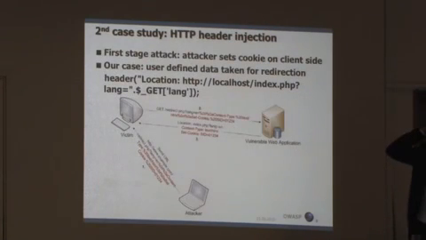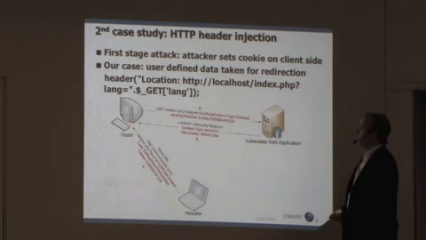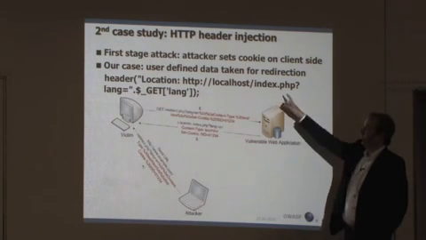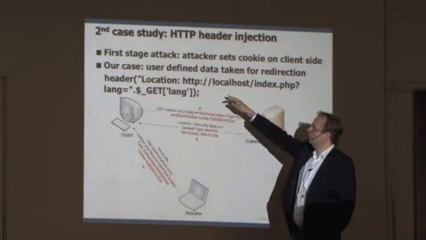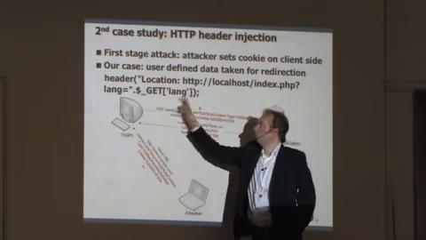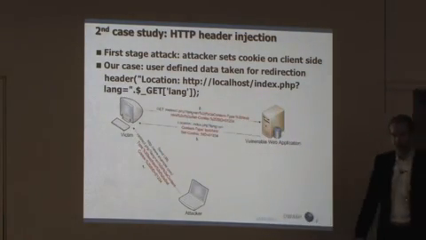So the second case study was, how easy is it to set a cookie on the client side? Because that's probably what the first case study suggested is needed to set the session ID. And one way to do this is if you have a header line, in this case it's PHP, a header line where you insert something that is user provided.